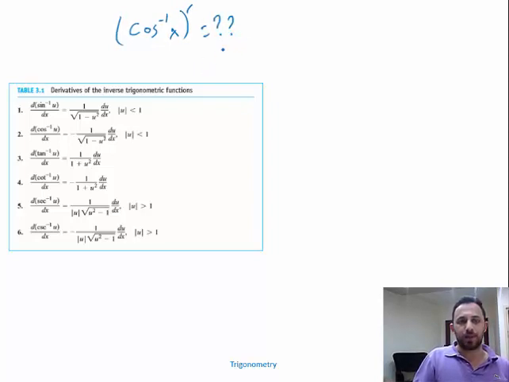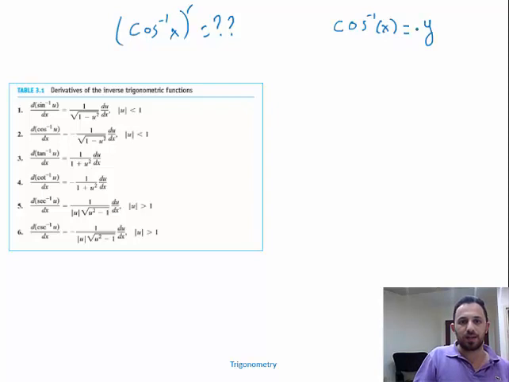The first step, because it's easier to work with the usual trigonometric function rather than the inverse trigonometric functions, is to use cosine inverse of x as an angle. It gives me some angle y.